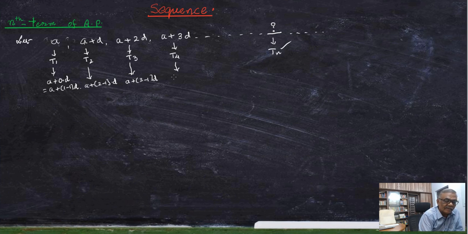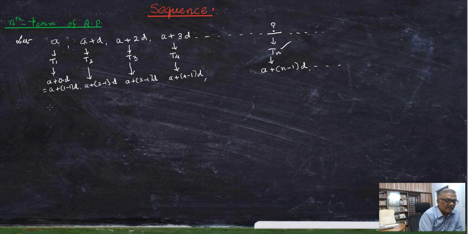And similarly, A plus 4 minus 1 into D. And one can easily guess the nth term, namely A plus n minus 1 into D, and so on and so forth.